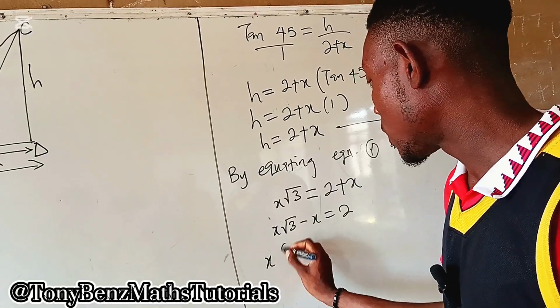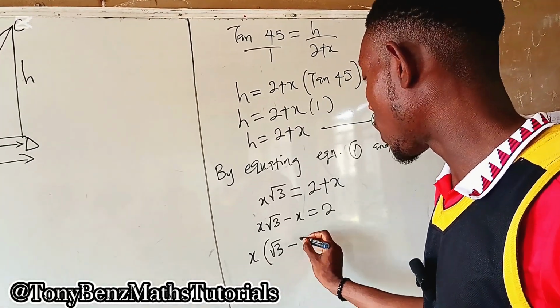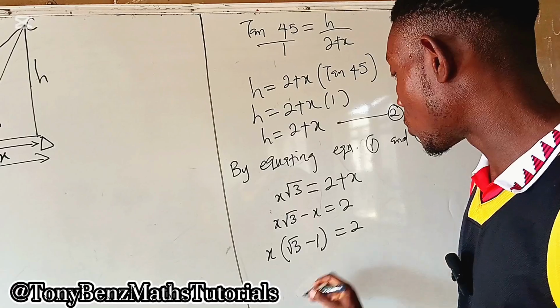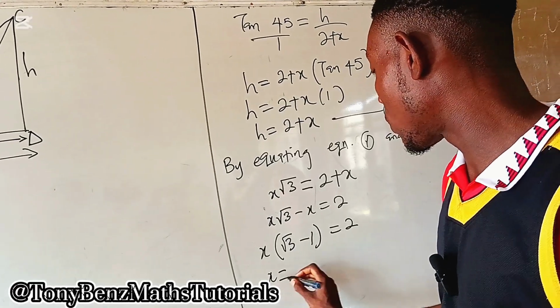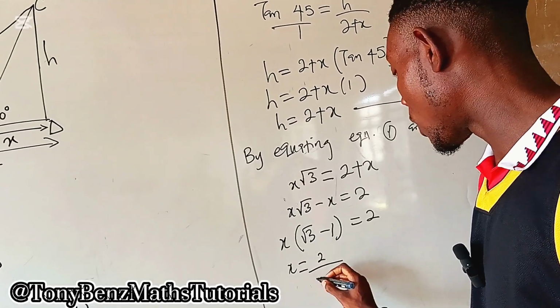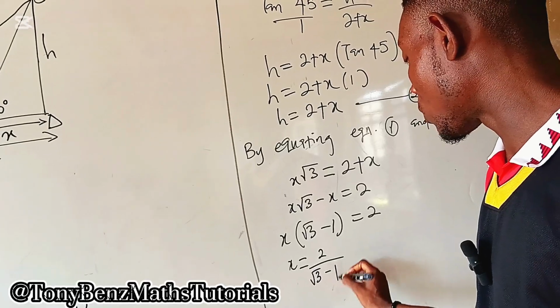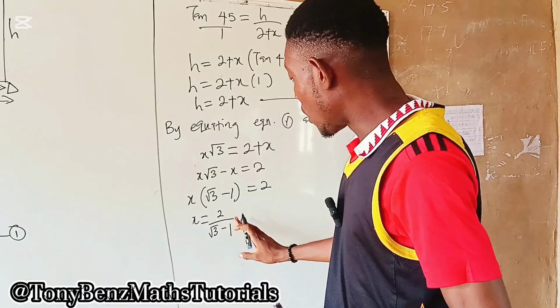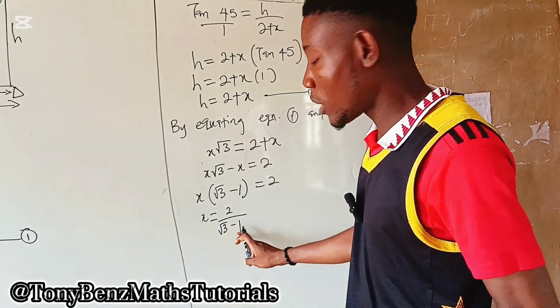Factorizing, we have X into root of 3 minus 1 is equal to 2, and X is equal to 2 over root of 3 minus 1.